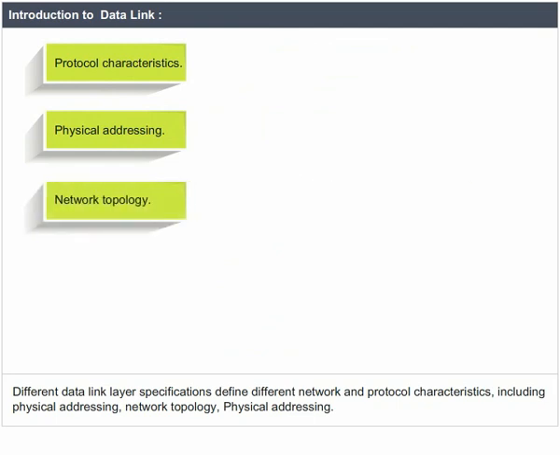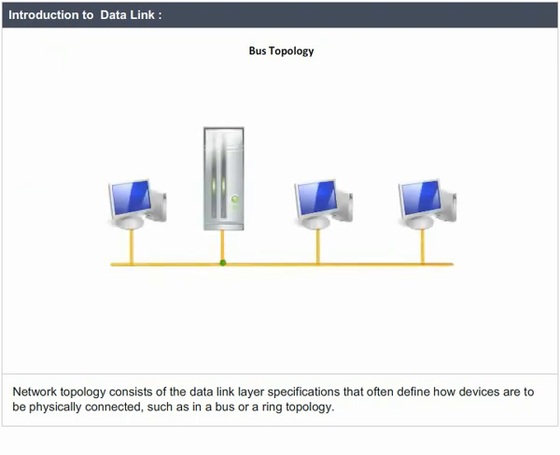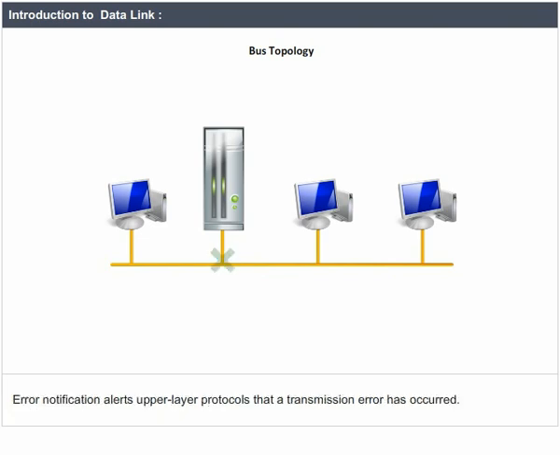Physical addressing: network topology consists of the data link layer specifications that often define how devices are to be physically connected, such as in a bus or a ring topology. Error notification alerts upper layer protocols that a transmission error has occurred.